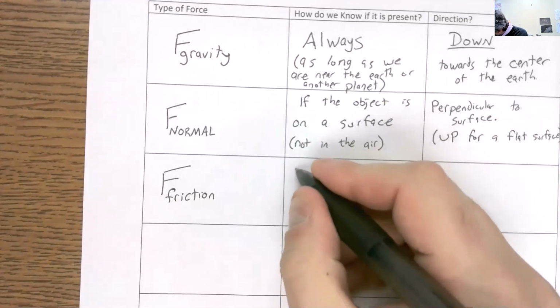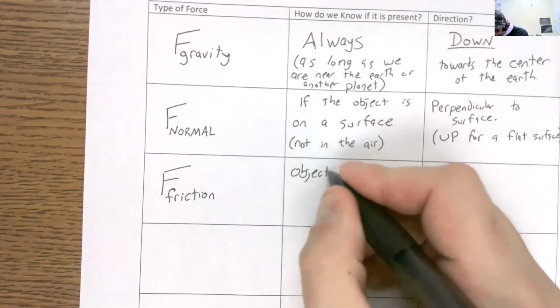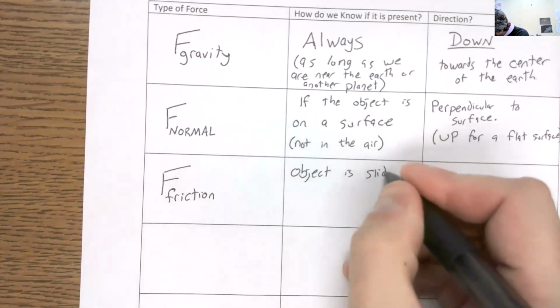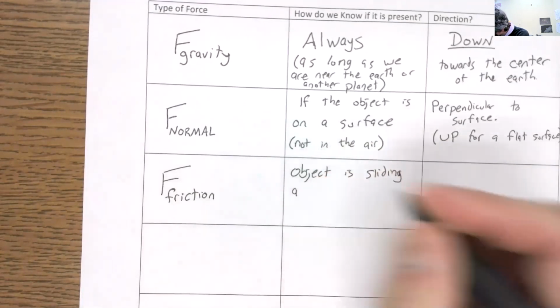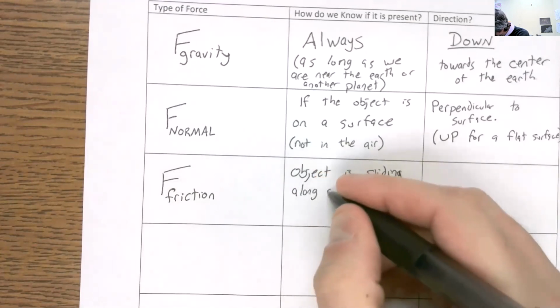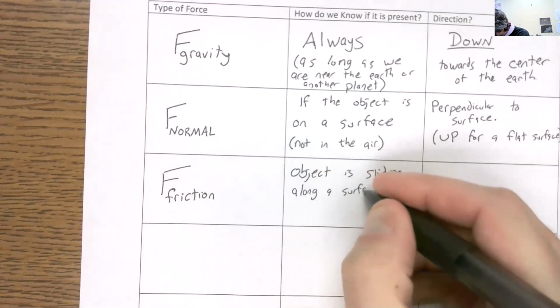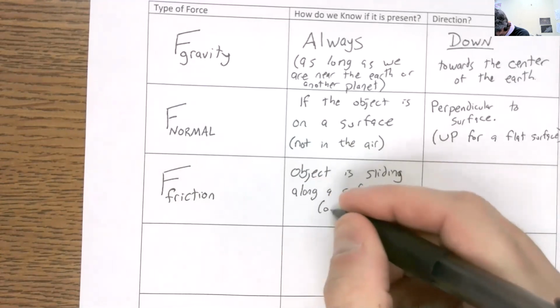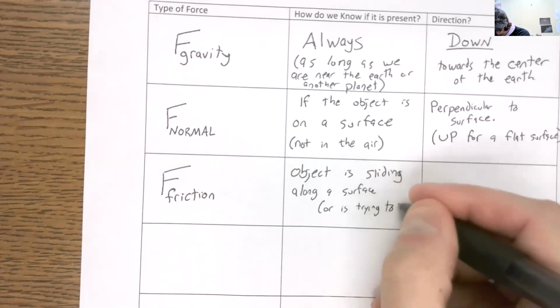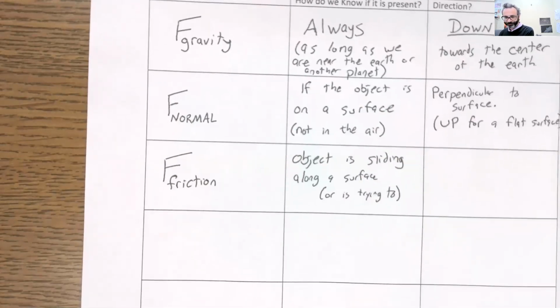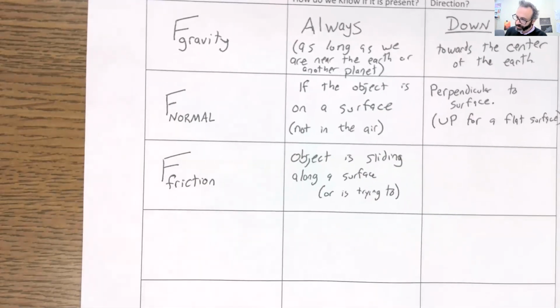So I'll put that the object is sliding along a surface, or is trying to. If the object's sliding along a surface or it's trying to, then there's going to be friction there.